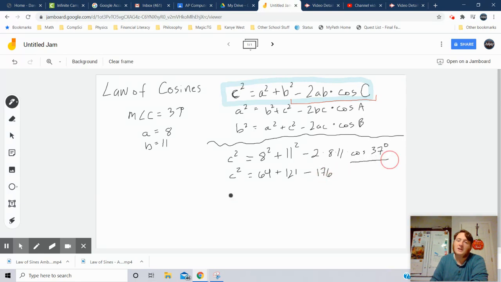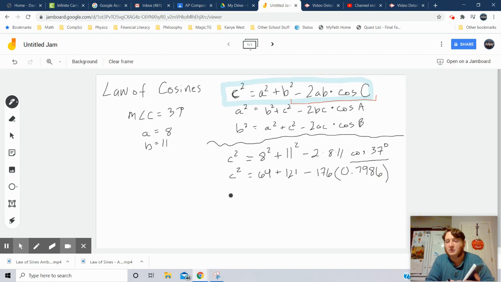But cosine of 37 degrees, I will need a calculator. Make sure you're in degrees. Make sure you punch cosine, and it's 0.7986, roughly.